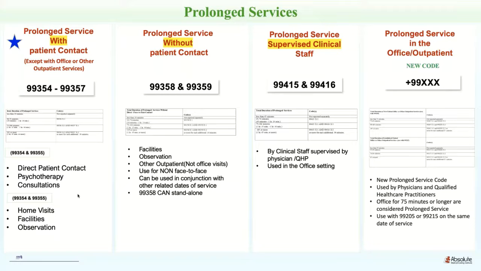So it pretty much excludes, it takes out the language for office visits. And the new code 99XXX actually picks up the office visits encounter. So these are the only two changes that we have for prolonged services for 2021.